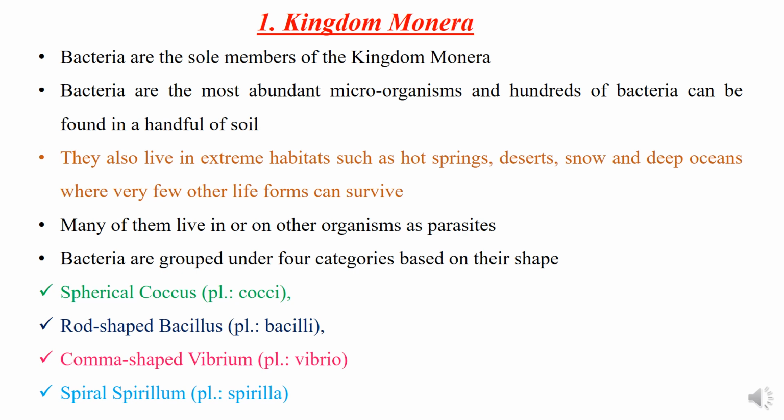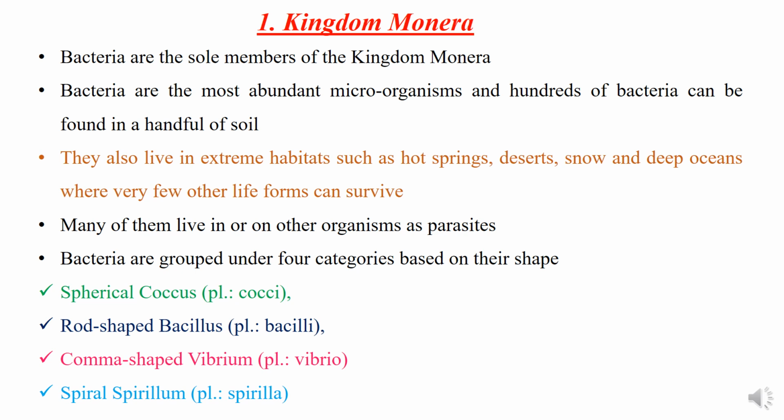So, let us see the first kingdom, Monera. What are the basic characteristics of Monera, and what types of questions can be asked in the NEET exam from this kingdom? Kingdom Monera solely includes bacteria, that point we have to remember. Bacteria are generally most abundant in nature.